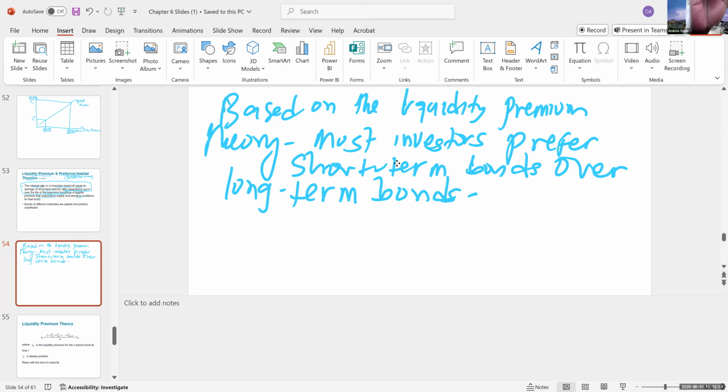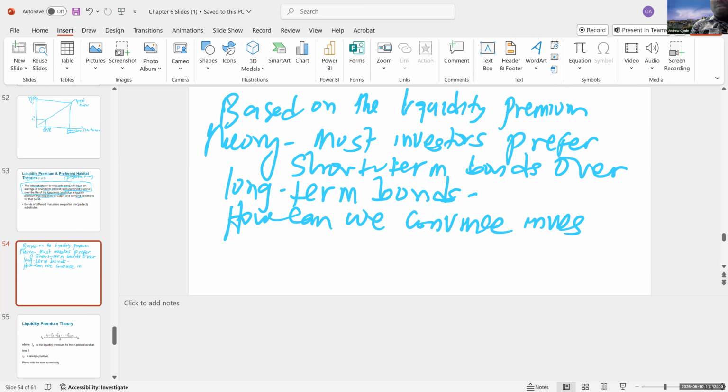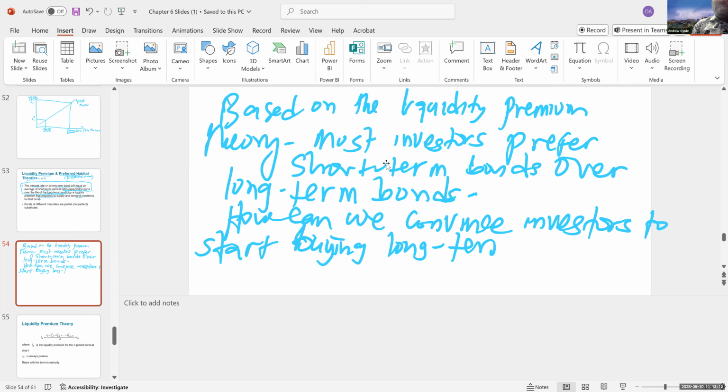The question is, how can we convince investors to start buying longer-term maturity bonds? The answer is we need to compensate them, pay a liquidity premium.